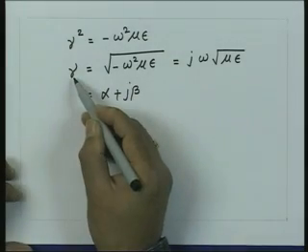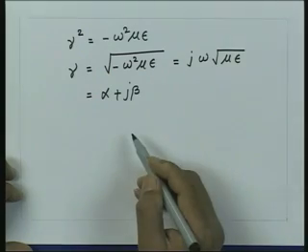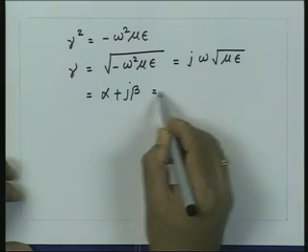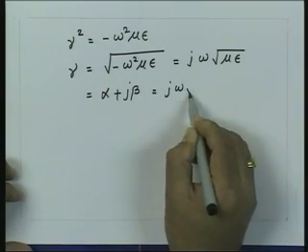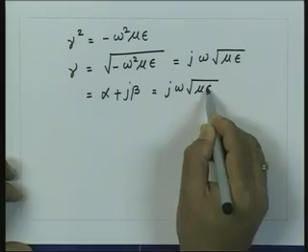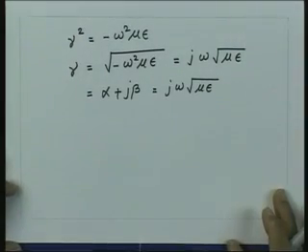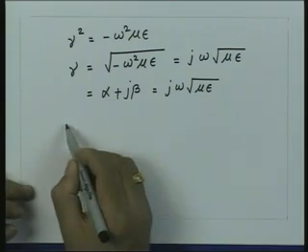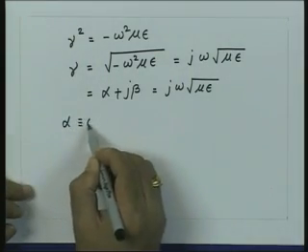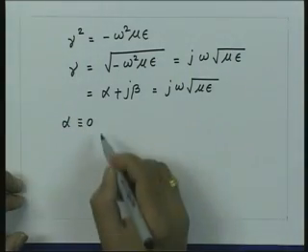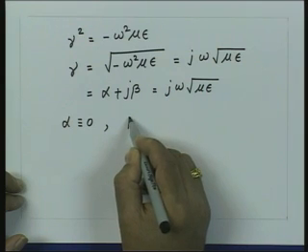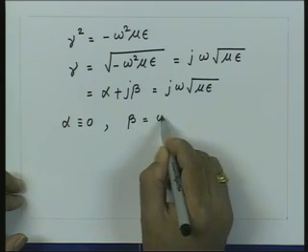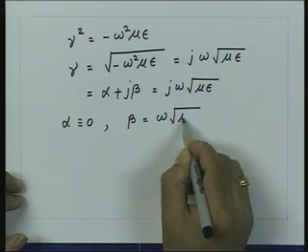So, this propagation constant gamma in this case is equal to j omega square root mu epsilon. What that means is that alpha, the attenuation constant, is identically 0 and the phase constant beta is equal to omega square root mu epsilon.